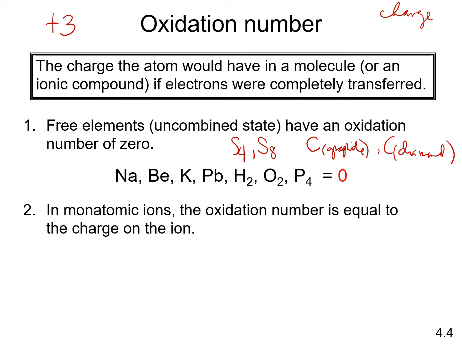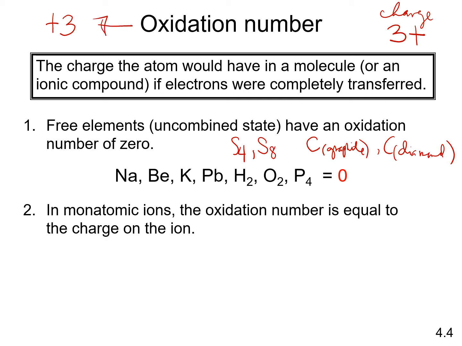That's why we have a charge. You know? If you have more protons than electrons, you have a positive charge. If you have more electrons than protons, you have negative charge. So the charge is represented by this symbol. We write the magnitude first and then the sign. Okay, just to have a distinction between oxidation number and charge.